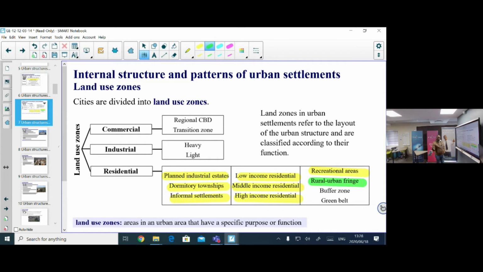You find that usually there are places like plots and so forth. This forms the buffer zone. Then we have what we call the green belt, where mostly agriculture is practiced.